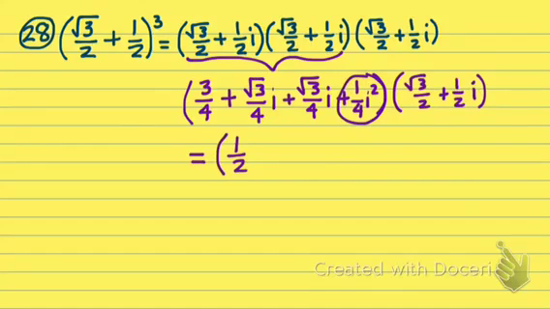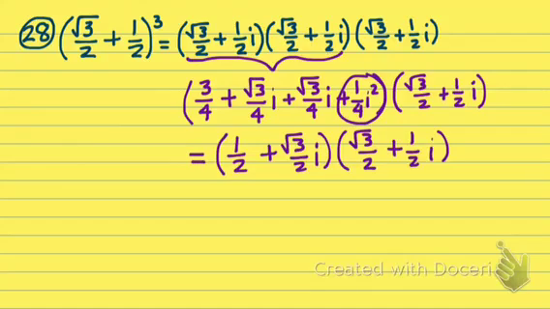And then when I add my two i terms, I have the square root of 3 over 4 plus the square root of 3 over 4, which would be plus the square root of 3 over 2 i. And then we bring our one last factor back in that we had not yet brought into the product, and then we'll have our answer.